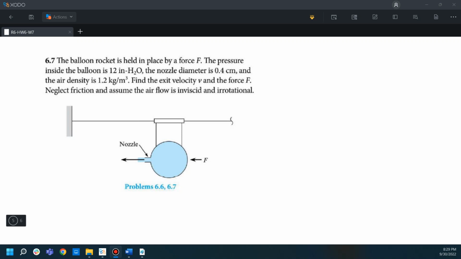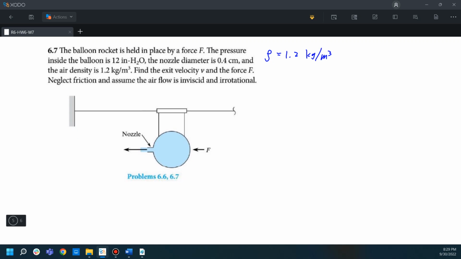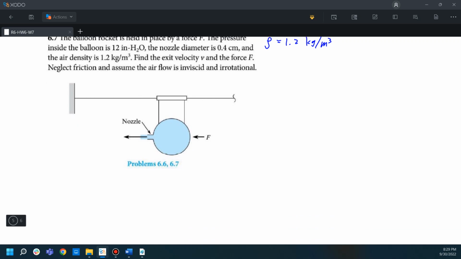Now we know the property rho is equal to 1.2 kilograms per cubic meter. This is given by the problem, right? And our strategy will be to find the velocity at this nozzle using the Bernoulli equation, and then to find the force, we will apply the momentum equation.